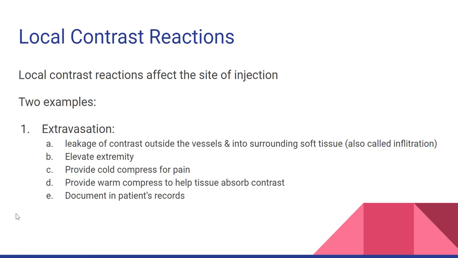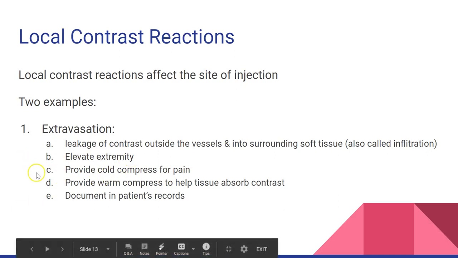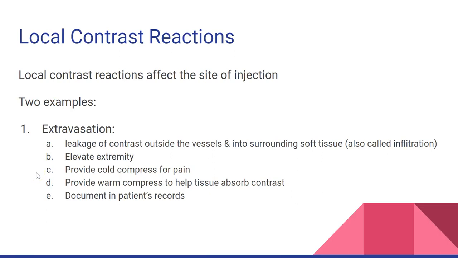What you need to do is stop the injection immediately, okay? If you can, you're going to want to take pictures because the contrast is going to the kidneys within a minute. So if you need to take pictures of the kidneys, take pictures of the kidneys right away. After your imaging is done, you're going to want to elevate the extremity, give the patient a cold compress for pain, instruct them when they get home to apply a warm compress, and that will help the tissue to absorb the contrast.